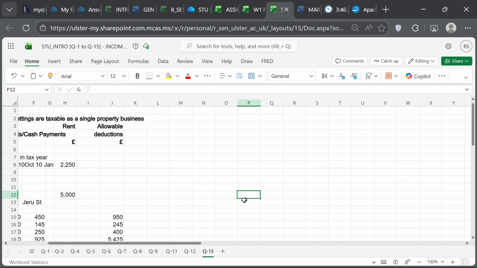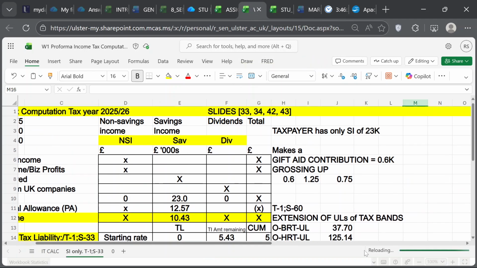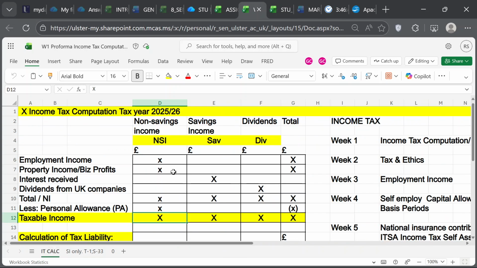And different questions have different formats. But the basic format, remember the word pro forma, you have to follow the pro forma. The original pro forma file is given here, so you need to watch that.